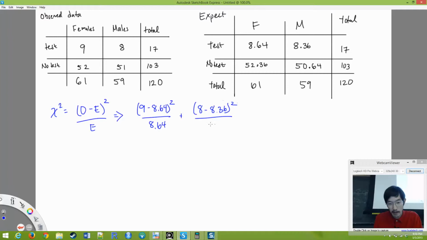For the DF, if you're counting the columns, you don't count the total columns? Yeah, do not count the total columns when getting the degrees of freedom. Okay, so you have 2 rows and 2 columns.